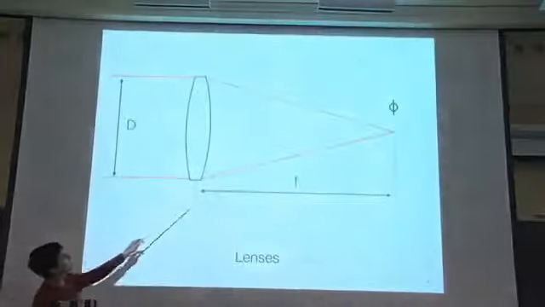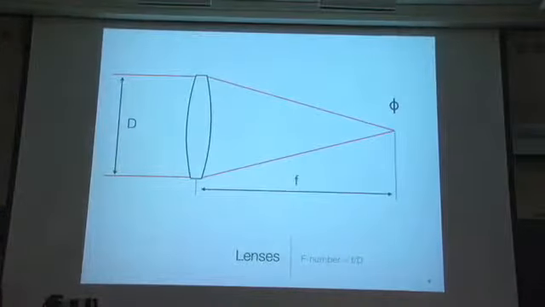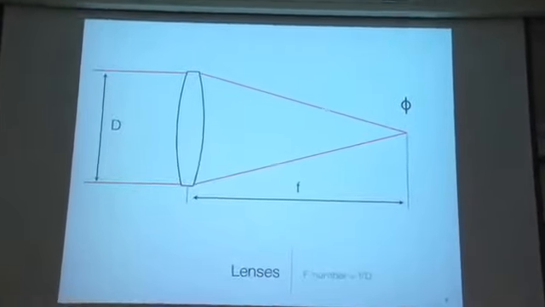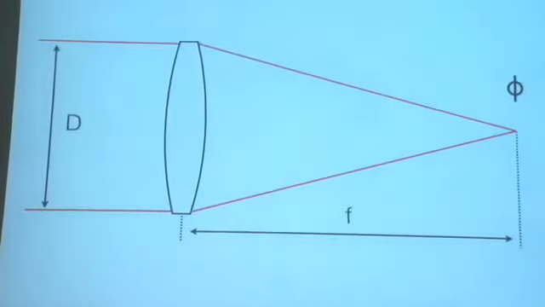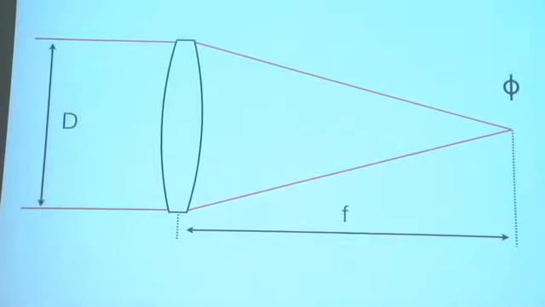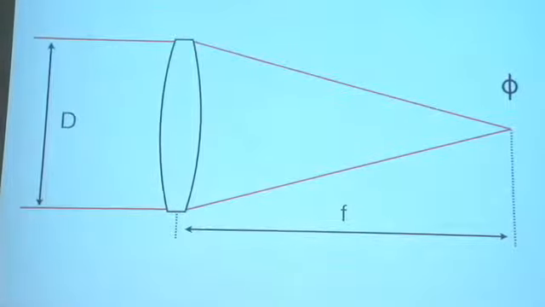Now, I've been showing this same diagram for a while now, oversimplifying a lens and saying, okay, well, there's basically this glass element that focuses the light onto a single point on the film plane. But as we know, lenses are actually quite a bit more complicated than this.